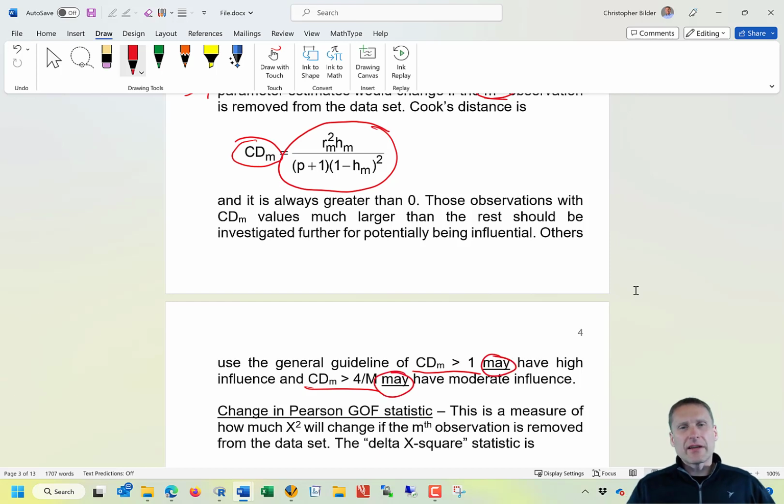This is like an indication that if this happens, you might want to take a closer look before you conclude it is influential, and before you conclude that it's influential in a bad way. Also, some people will say just look at all the Cook's distance values, and if you see some that are quite different from the others, that would be a warning sign too.